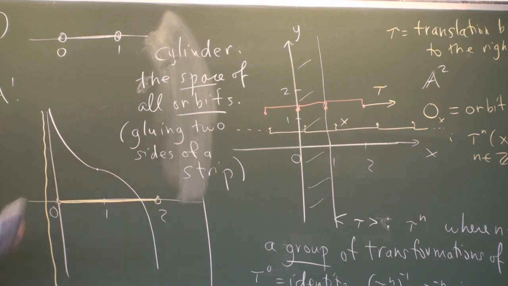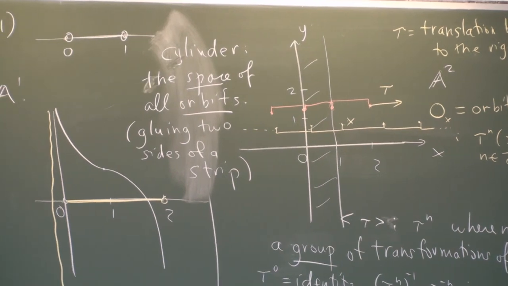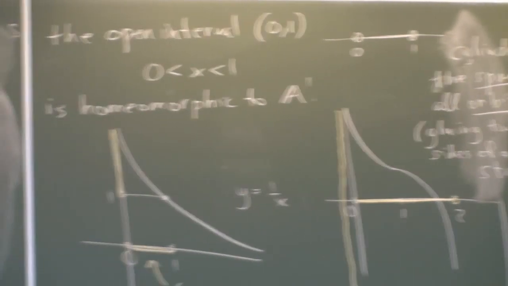All right, so that idea is going to resurface now when we go to something a little bit more elaborate, the main topic of today's lecture, which is the torus, or a donut.